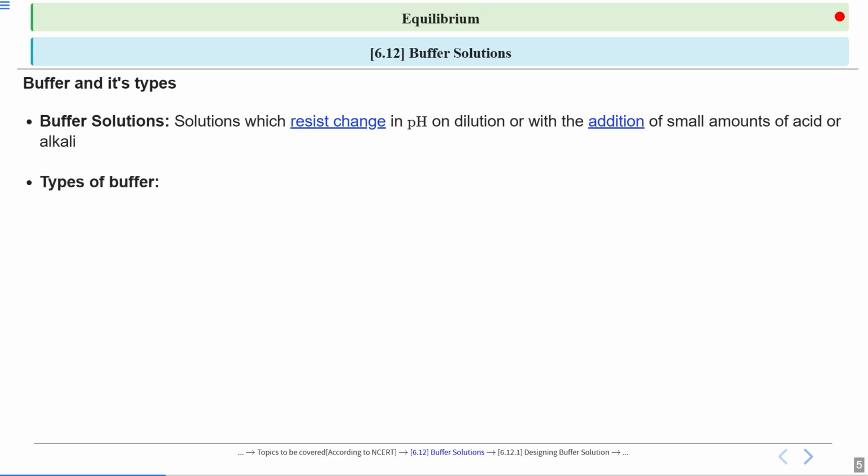Now, what are the types of buffer solution? So again, the buffer solution has a property to defend the pH, and it will have a pH of itself, of course. On that basis, it has been divided into two parts. First is your acidic buffer, and here you use a mixture of a weak acid and its salt with a strong base.